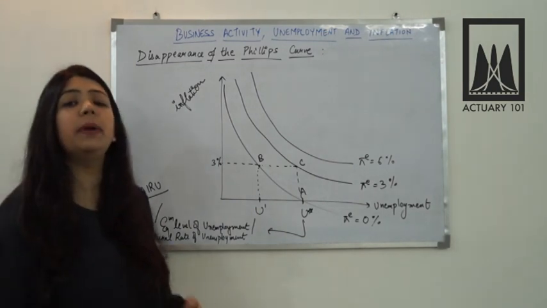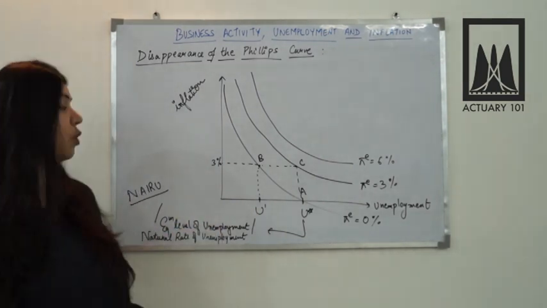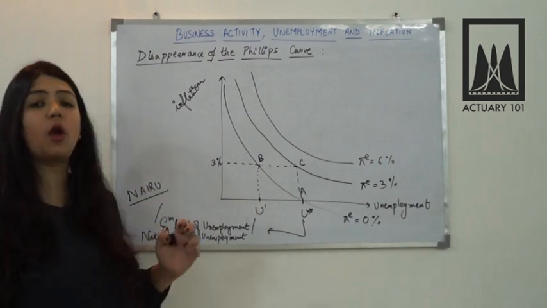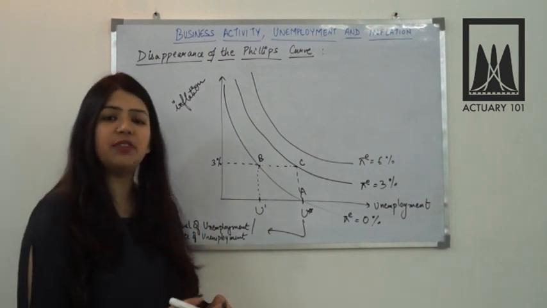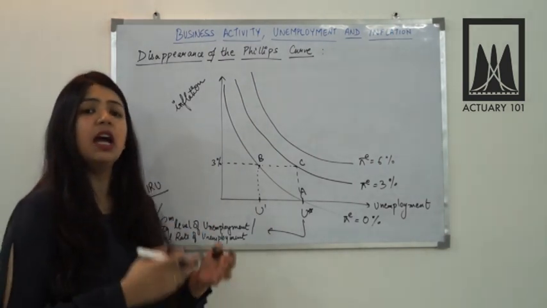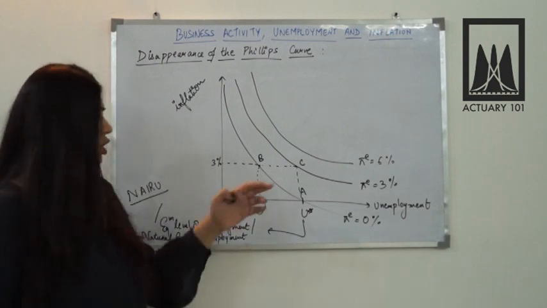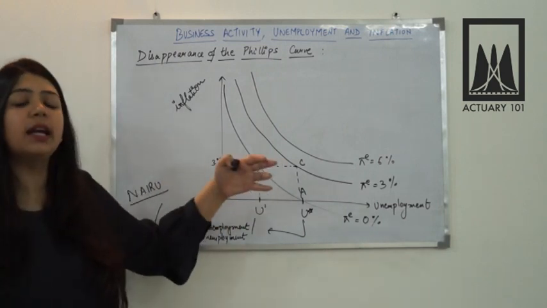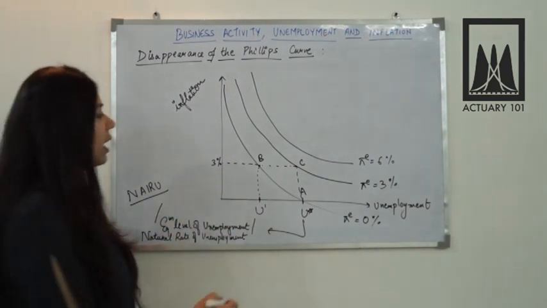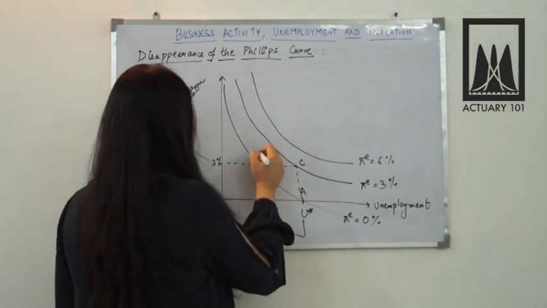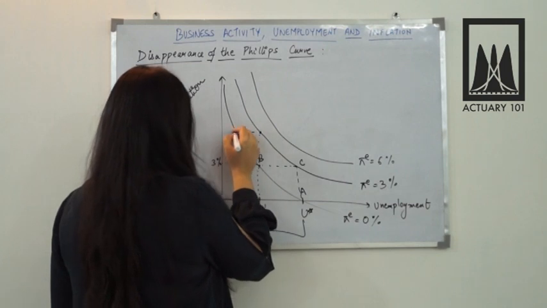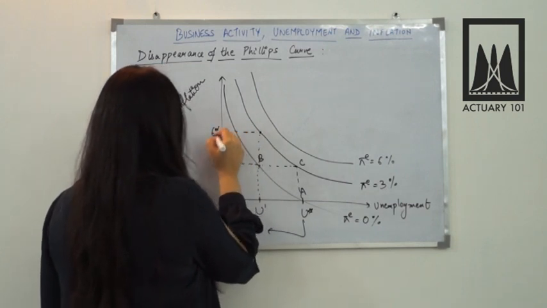Now, if the government again wishes to reduce unemployment, that means to increase employment, it will have to increase the inflation or the aggregate demand by more than 3%. So 3% more than what it had increased earlier. And ultimately, we will reach this point, which is at 6% inflation.